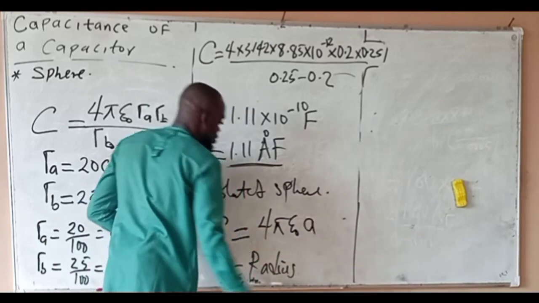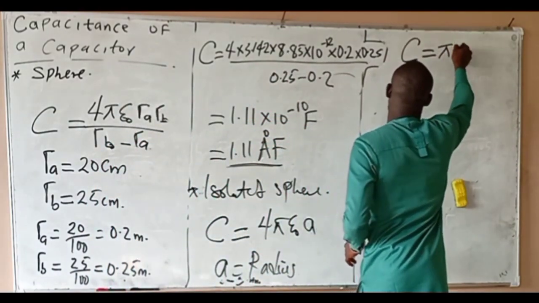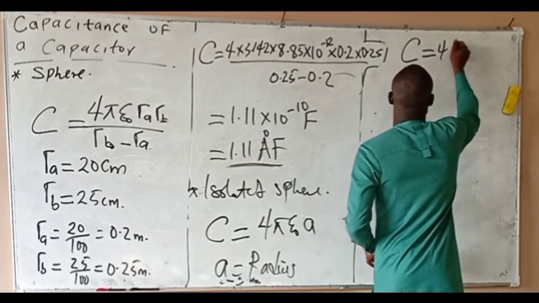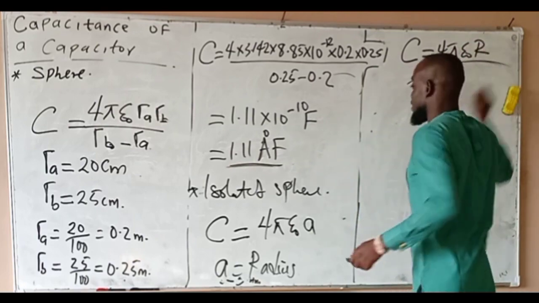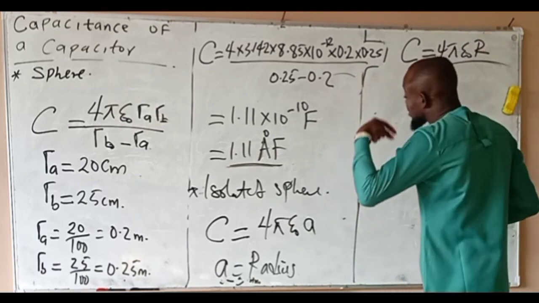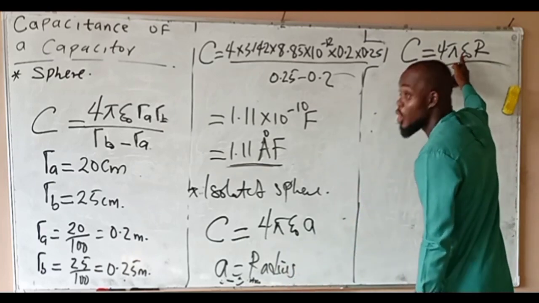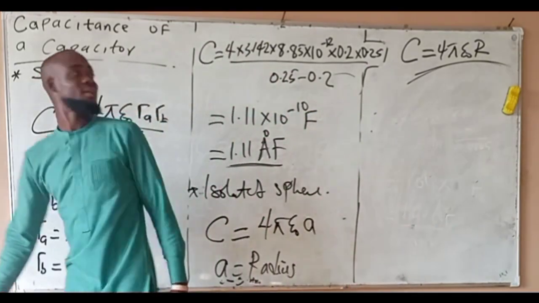Some people can also write it this way: C is equal to 4 pi epsilon naught R. It will still be correct. Now remember, if a dielectric constant is inside, you multiply epsilon naught by it, or multiply the final answer by the dielectric constant. Take note of that.